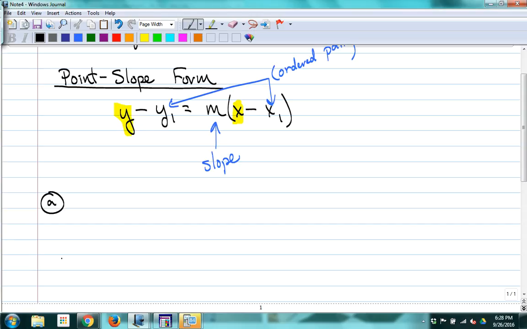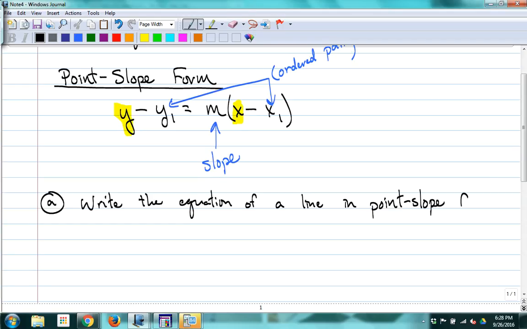All right, let's look at some examples of how to use this. Example A for this section. Let's write the equation of the line in point slope form. So I'm telling you what form we're going to write it in here, and later on we're going to do different forms.